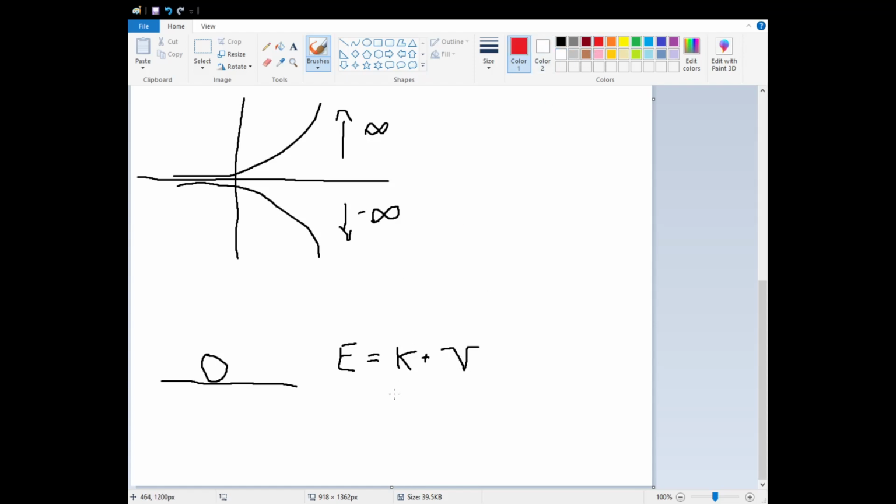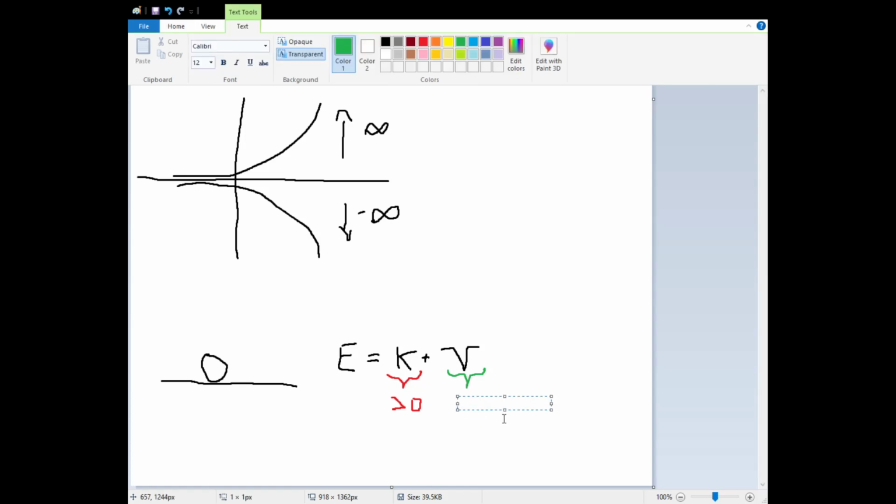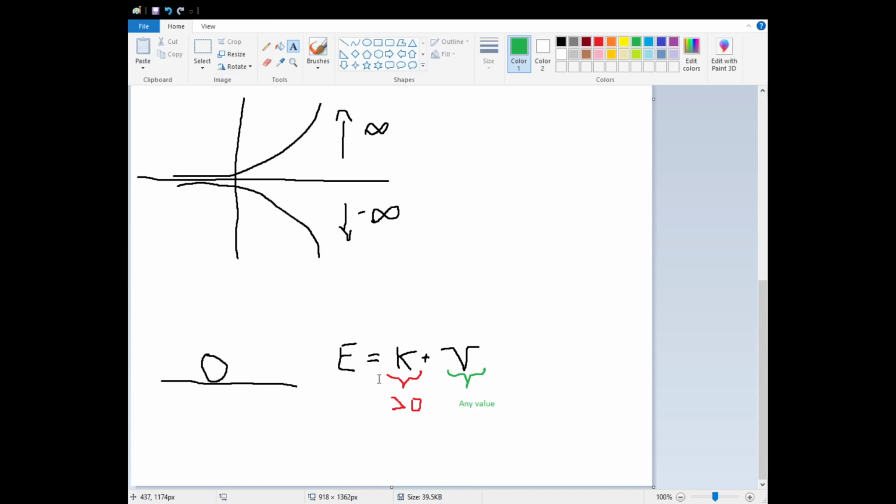Kinetic energy is always greater than or equal to 0, because kinetic energy is 1/2 mv squared, and v squared means that it's always positive. And then potential energy can be positive or negative or 0. So potential energy is free, it can be any value. So if we look at this condition, it doesn't even matter because K is just some positive or 0 value.